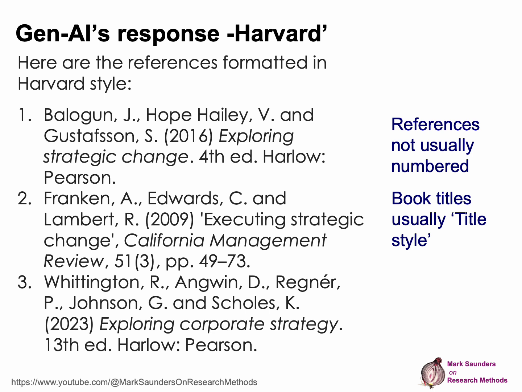So if we look down to reference 3, exploring corporate strategy, we'd expect to see a C and an S on the corporate strategy. And similarly for reference 1, exploring strategic change, they should all be capitalised. The other thing in Harvard style is that the edition number of books, so for the 4th edition for the first reference and the 13th edition for the 3rd reference, is normally in brackets.